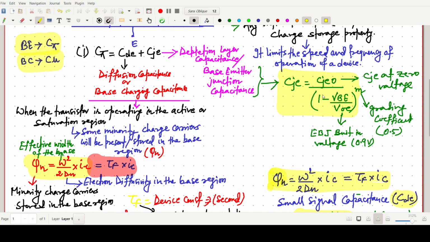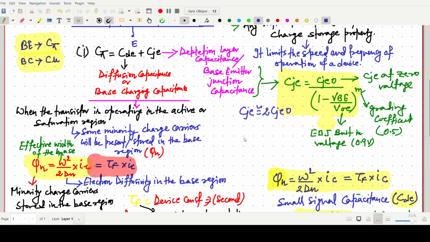Everything is given in that book. I am trying to replicate the thing with this theory, to show how to go step by step to learn this capacitance. So the CJE value is clear to everyone. Finally we can say CDE is nearly equal to twice CJE.